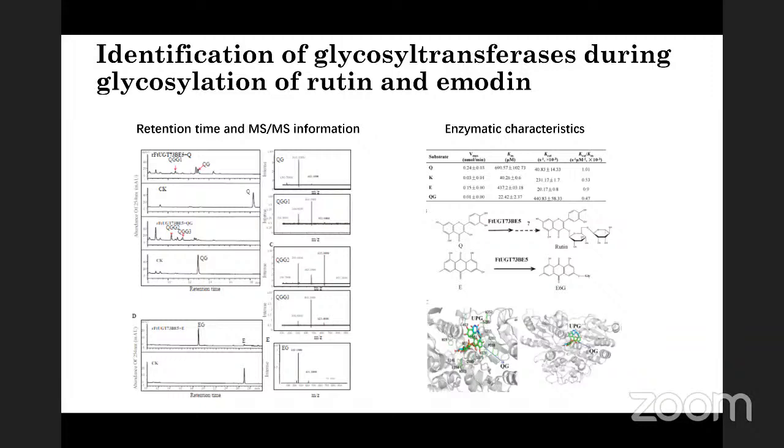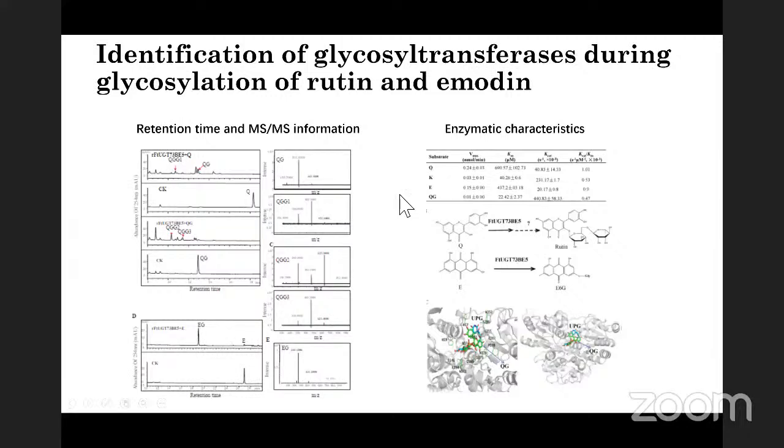We found 5 UGT genes can use UDP glucose as a sugar donor towards emodin and quercetin.